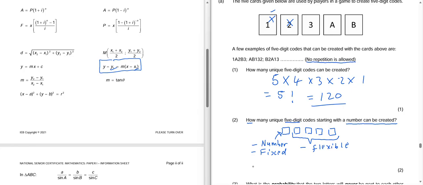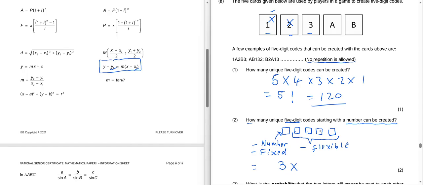Now we need to calculate. The first position is only fixed to a number. How many numbers do we have? We have 1, 2, 3. So there are 3 possible ways. You could have chosen 3, or 2, or 1. That position is fixed, so we take 3 possible ways, multiplied by the remaining ones.